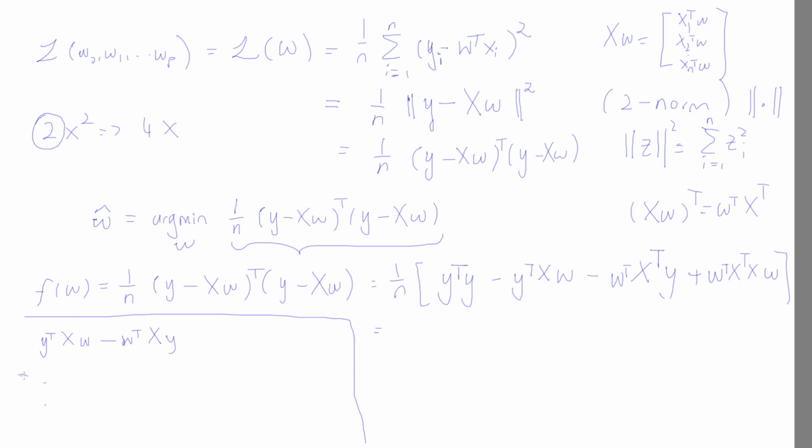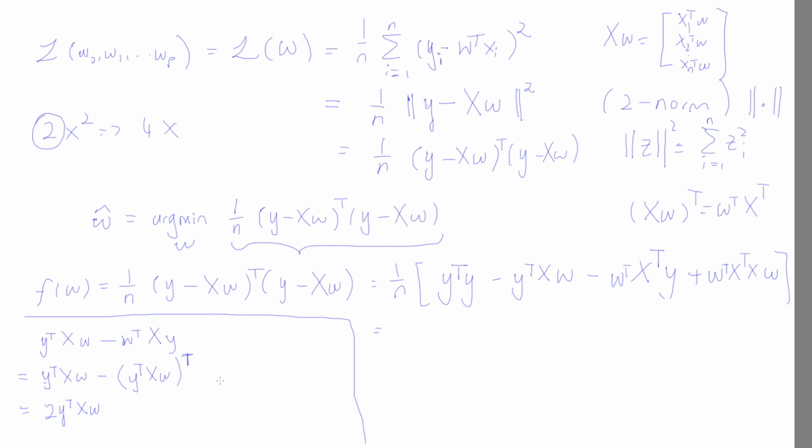I can write this as y transpose Xw minus y transpose Xw transpose, because if you transpose this, you switch the order and transpose everything, and you get this. Now this is actually equal to 2 y transpose Xw.